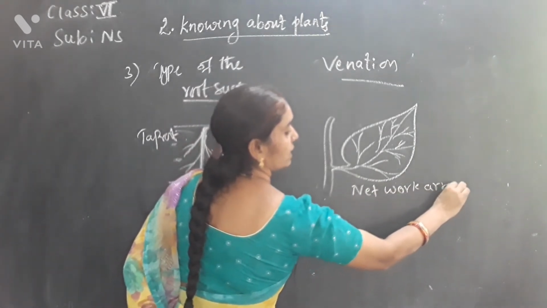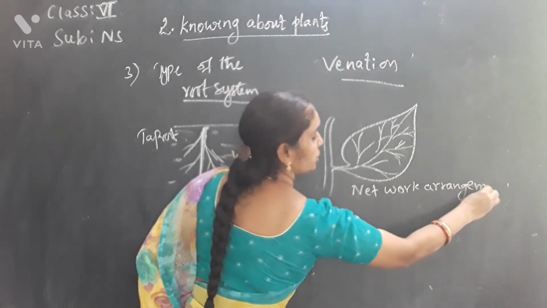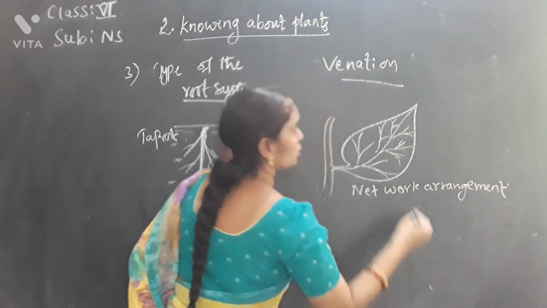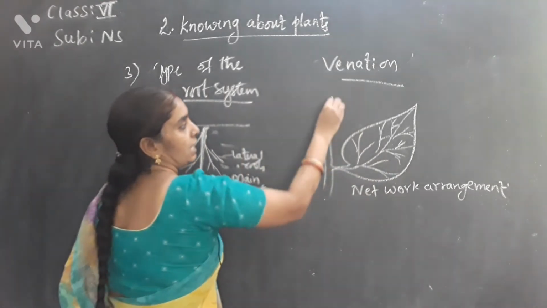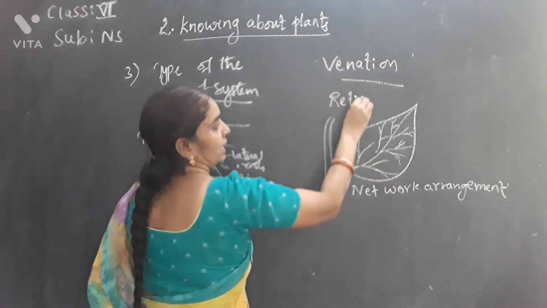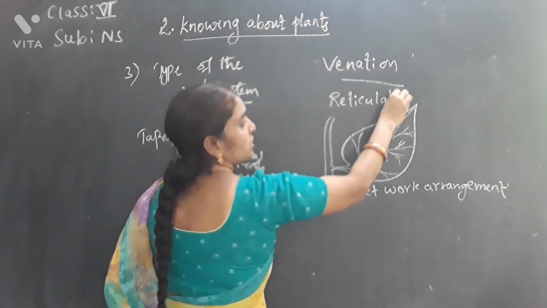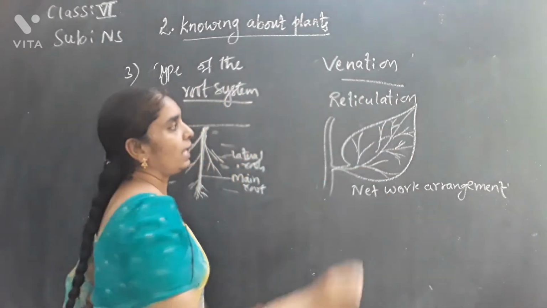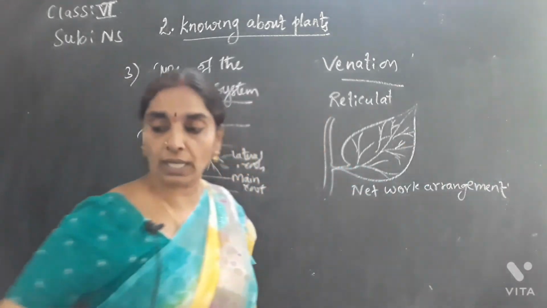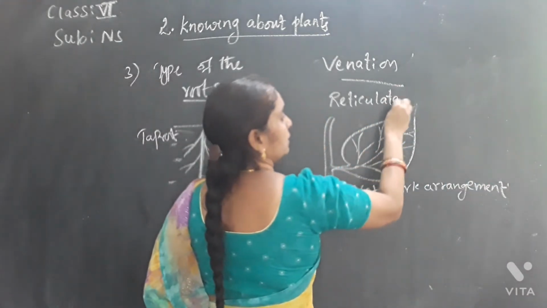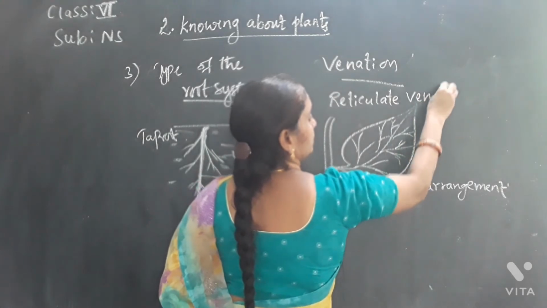What is this type of arrangement called, children? Network arrangement. In which type of venation is it seen? It is seen in reticulate venation. What is the type of venation called? Reticulate venation.